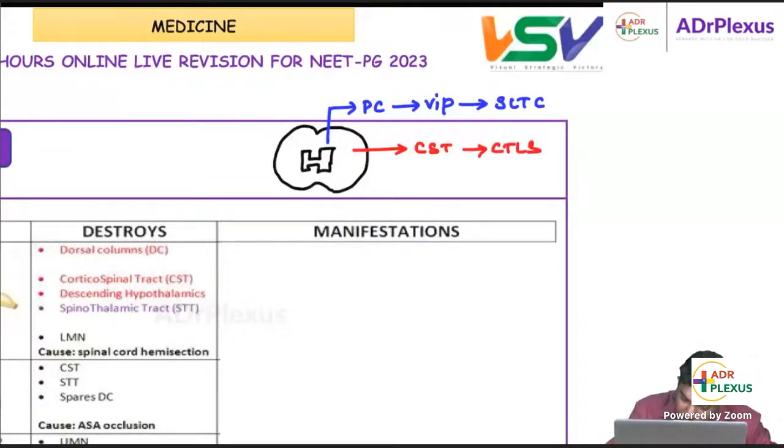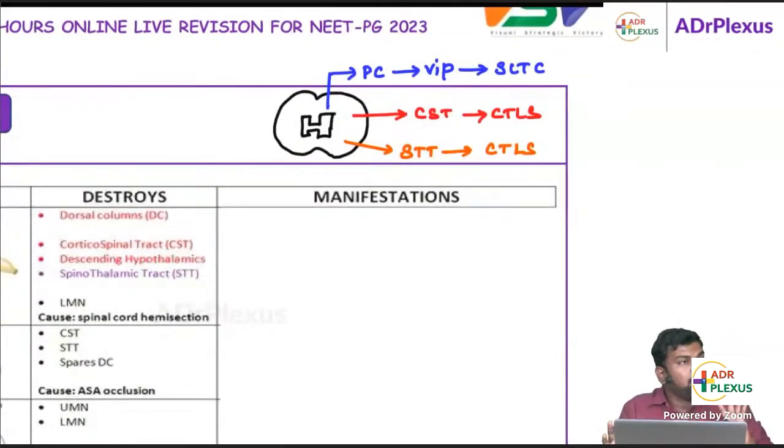Then here we have our spinothalamic tract. How are the fibers arranged? In the form of CT-LS. Clear? Corticospinal tract is a descending tract. Posterior column is an ascending tract.